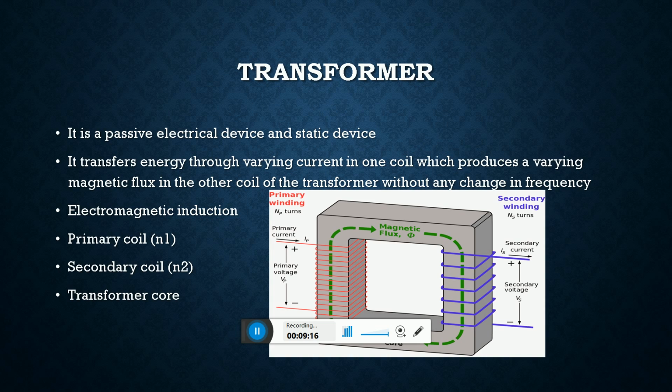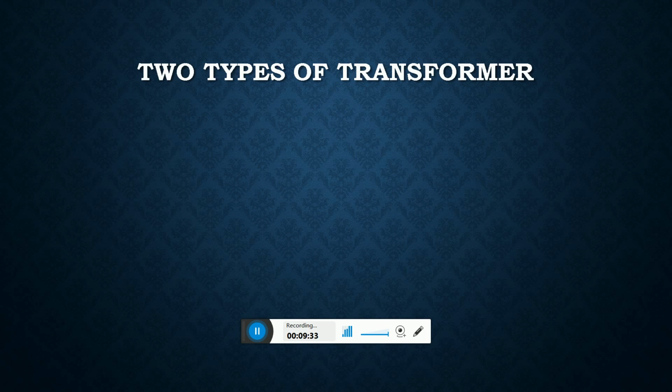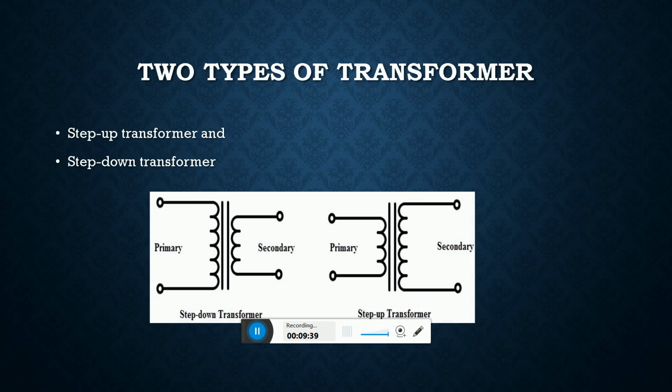It works on the principle of electromagnetic induction. The transformer has two coils, the primary coil and the secondary coil. These two are connected through the transformer core, which may be silicon-based metal. There are two types of transformers: step up transformer and step down transformer.